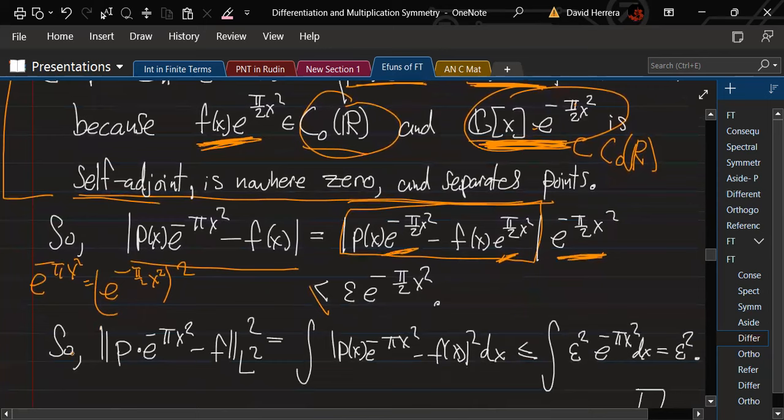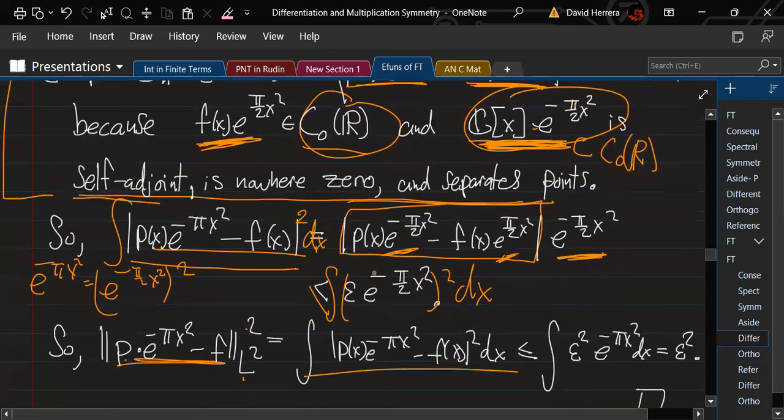So what does that tell me? That tells me that P, this right here, it's just this thing. I have the L2 norm squared, so I'm going to be squaring it and then integrating it. And then that's going to be bounded by this thing squared and integrated. That's this bounded by epsilon squared.